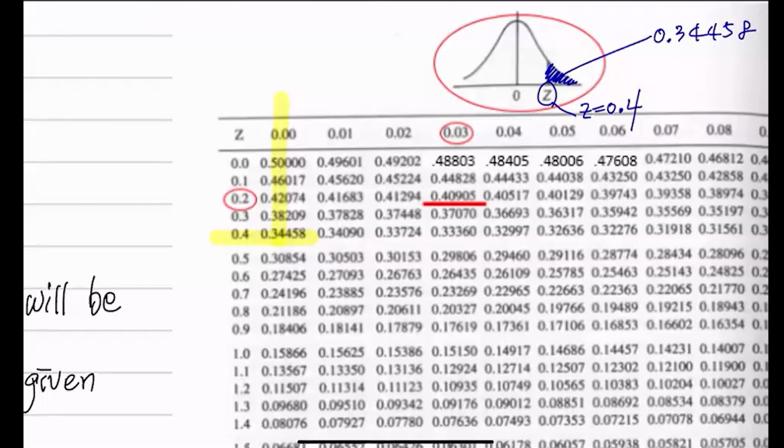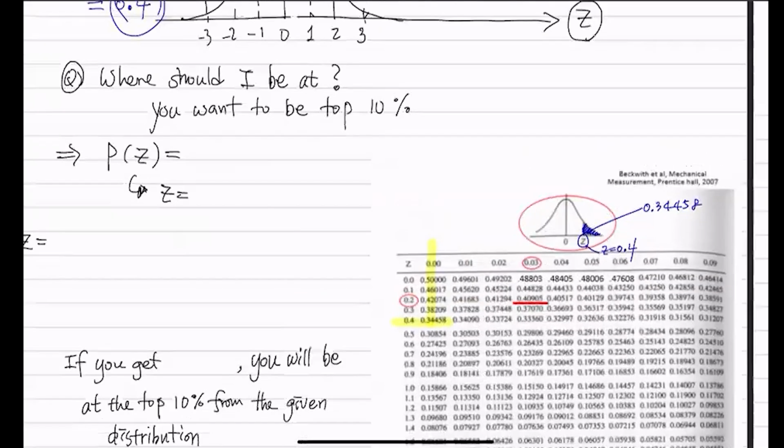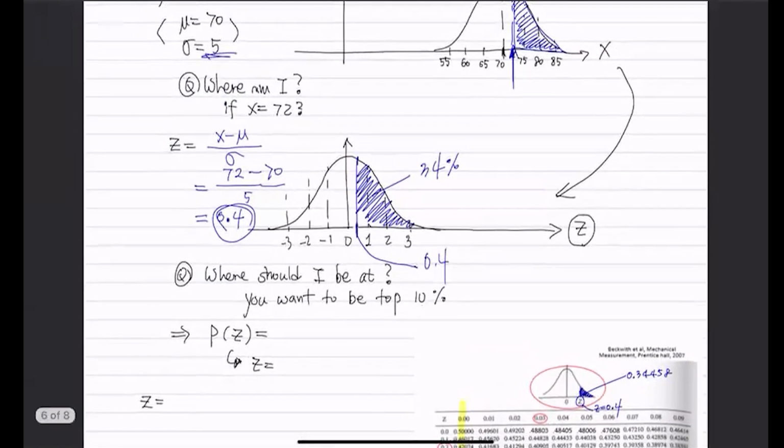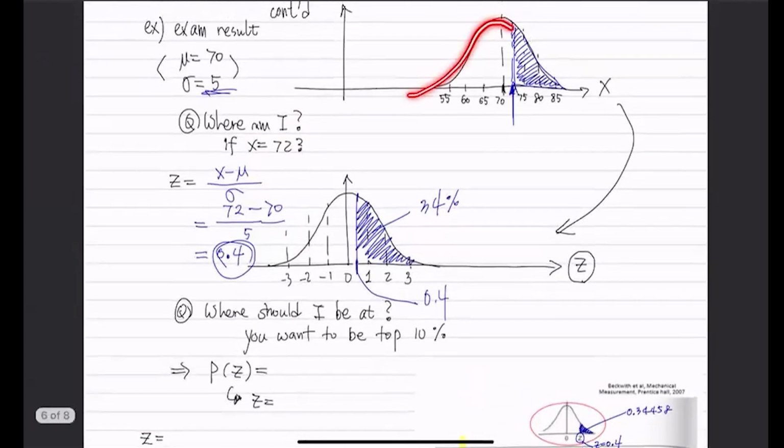Got that? So you are here, which is 0.4. Colored area is about 34%. So that means if your score was 72, then from this whole distribution, you are in the top 34%.